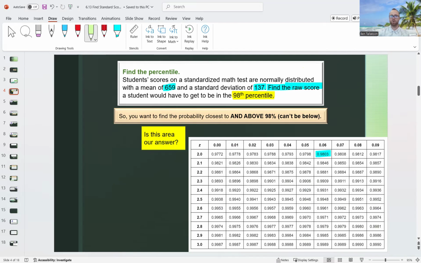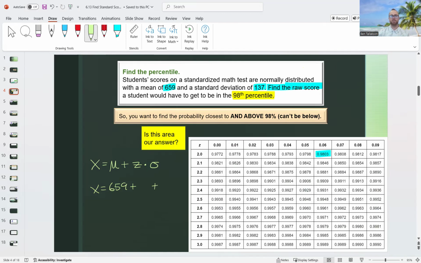What's the question? Find the raw score. We need to use our raw score formula. Do you have it in your notes or remember what it is? Well, the raw score is equal to this symbol plus this symbol times this symbol. Do you remember what these stand for? The first is the mean. Z is the z-score, that's what z is for, right?